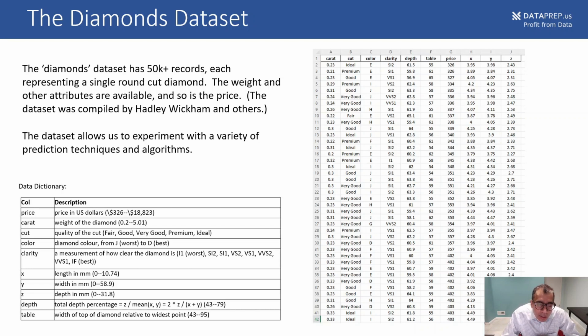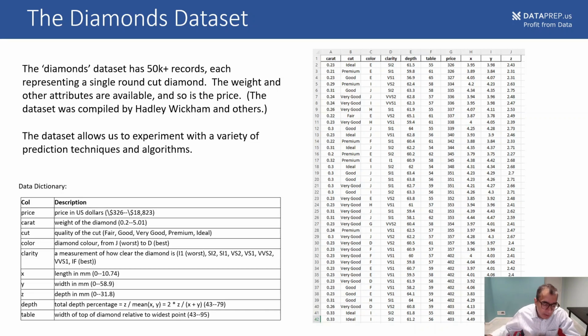And every record is a line item representing a single round cut diamond. It has a number of attributes that you can see on screen. It lists the carat, the cut, color, and clarity for each of the diamonds. And then there are some specific technical measurements of the diamond, which is table, price, X, Y, and Z.